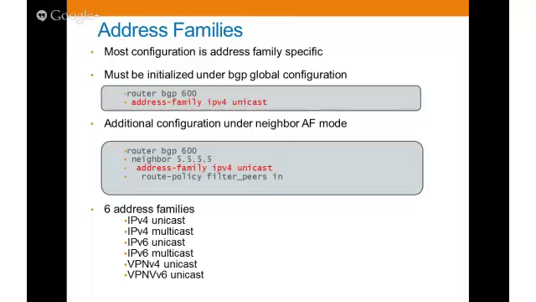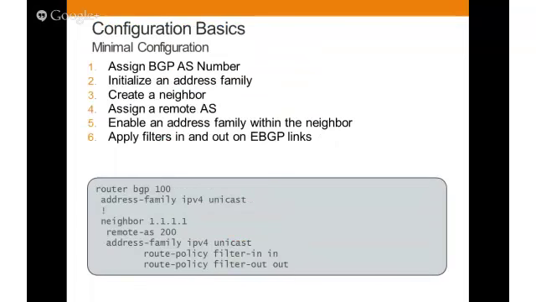These are the address families present for both multicast as well as unicast, IPv4 and IPv6. So in order to configure BGP, you would assign a BGP AS number, normally done. Initialize the address family. This is important. You have to initialize the address family first under router BGP, create a neighbor, assign a remote AS, and then again call the address family, and there are address family specific commands that can only be entered under the address family.